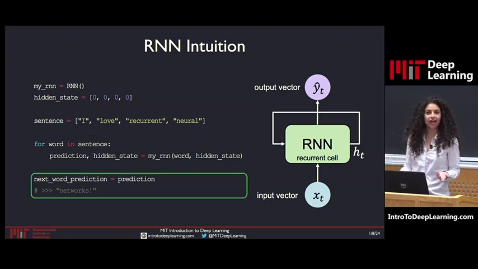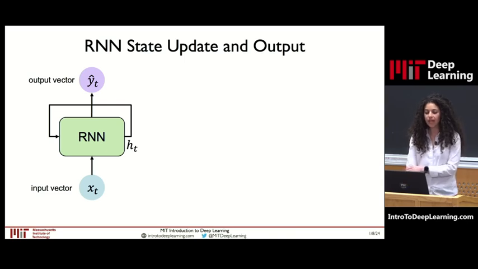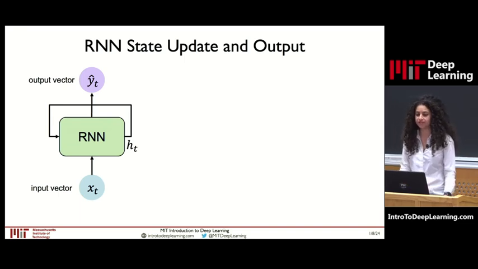Then at the very end, we can take that learned, updated hidden state and generate the next word prediction for what word comes next at the end of the sentence. So this is how the RNN includes both a state update and an output that we can generate per time step.